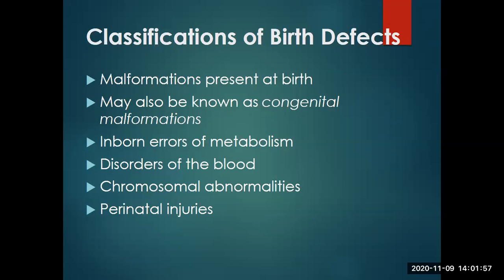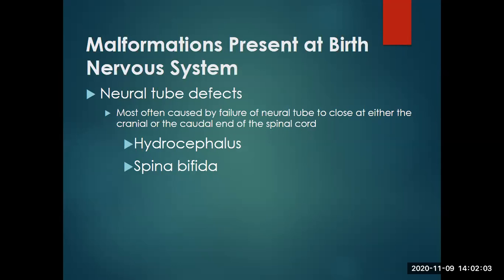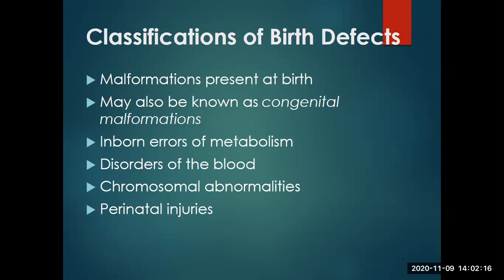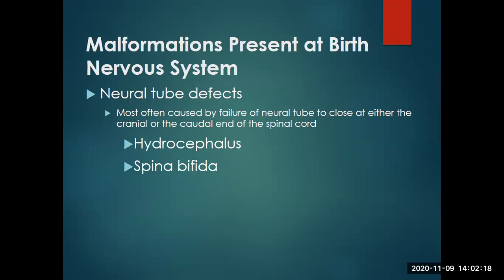Okay, and again, these are your classifications of birth defects. Malformations are present at birth. When you see that, they will be present at birth. In the following sections, we're going to look at the congenital malfunctions, and this is what we're going to look at first.